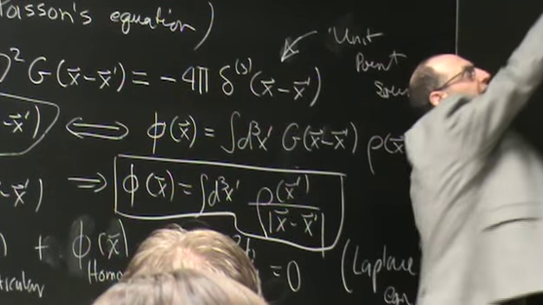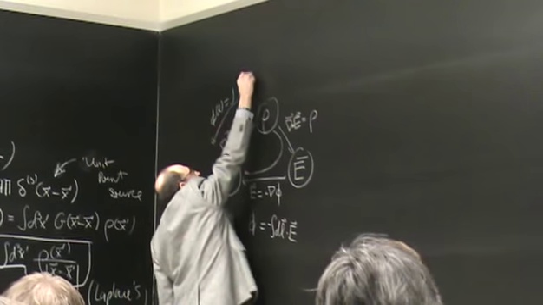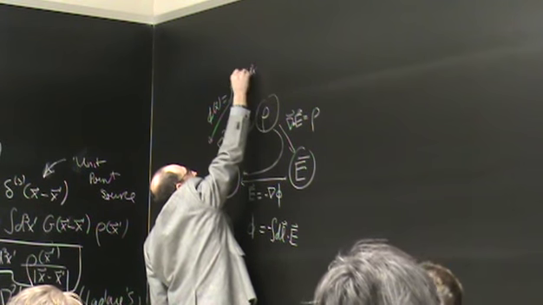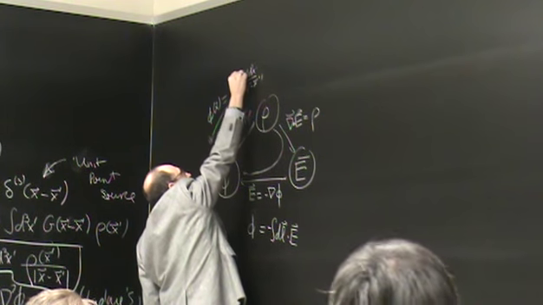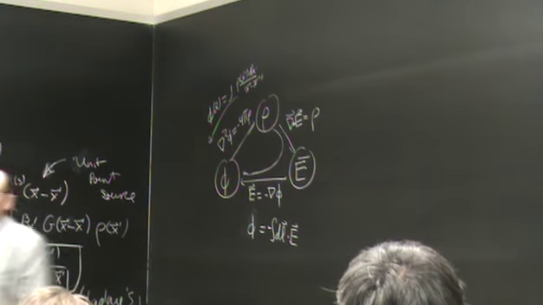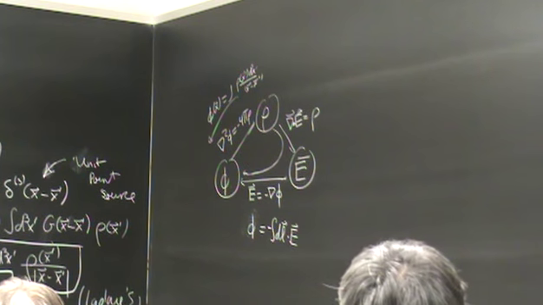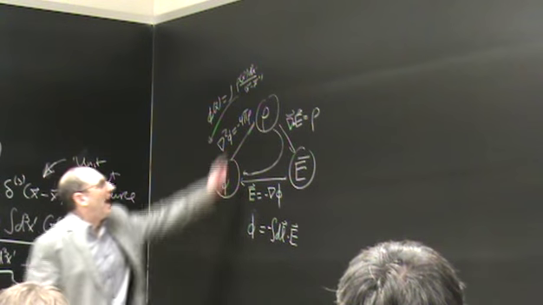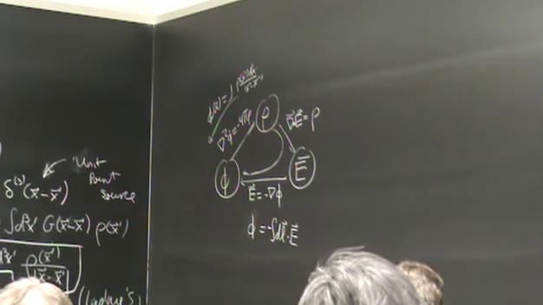So I would directly integrate, in that case, to get phi from the charge distribution, and then take the gradient of that to get the electric field.